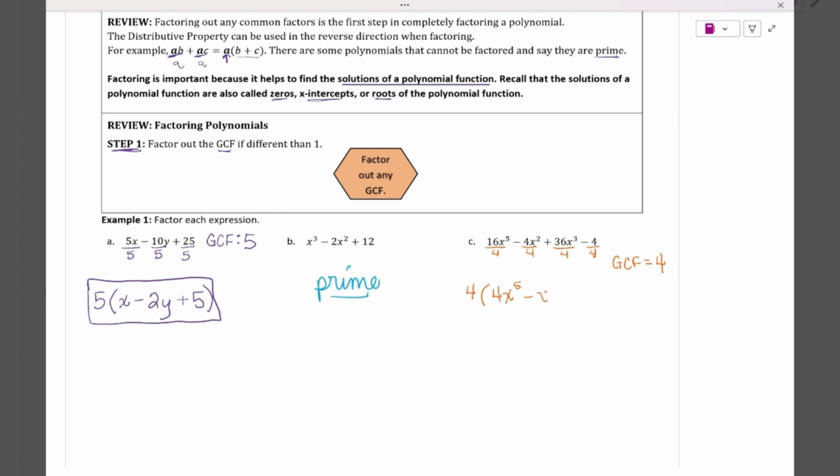So I get 1x squared, or just x squared. 36x to the third divided by 4 is 9x to the third. And then the last term, minus 4 divided by 4 is going to be a minus 1. Okay, so that's how I would factor that last one. So again, remember that when factoring, your very first step is to always check for a GCF and factor it out.